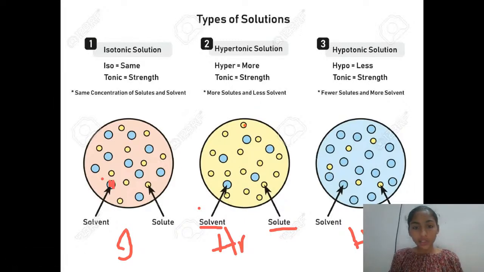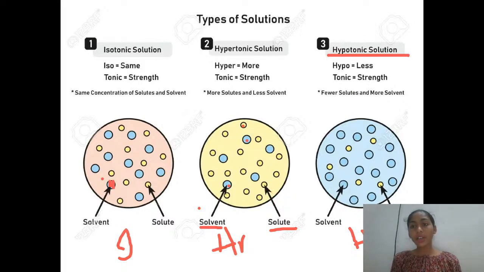So the yellow balls are salt, and the blue balls are water. So what will happen now? The amount of solute, that is the amount of salt, is more in the solution. So the amount of solvent will be less, right? Amount of solvent is less. So this is a hypertonic solution, where the solute is more and less solvent is found.